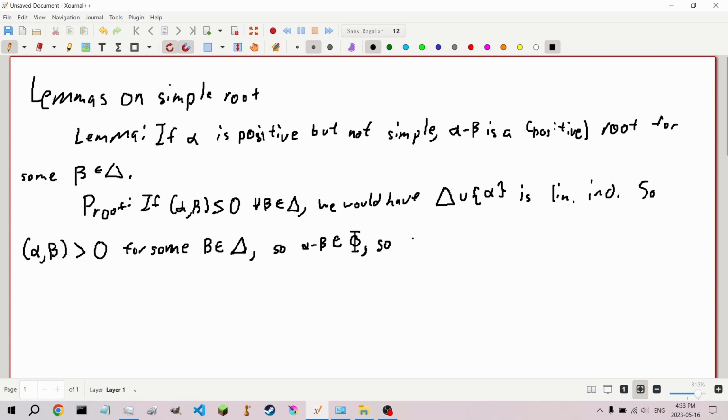So we can write alpha as the sum across gamma in our base of k gamma times gamma, with all k gamma non-negative, and some strictly positive.